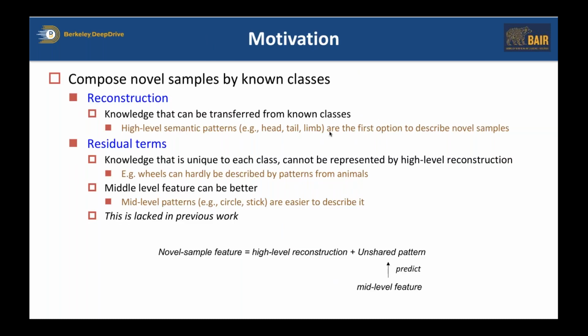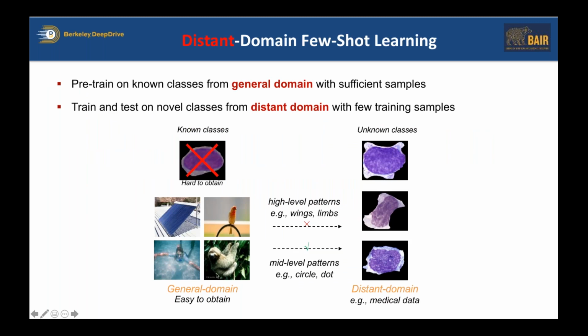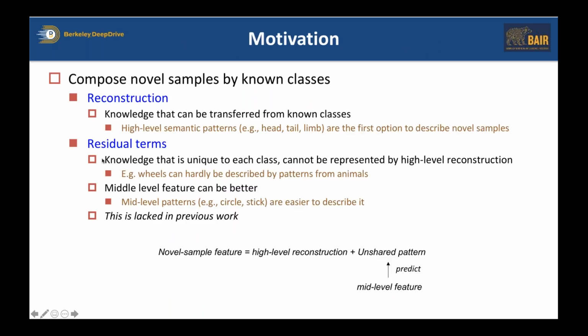However, as I showed here, the target can be very different from the source, so they may not share the high-level patterns and may only share the middle-level patterns. So there will be some residue term between the reconstructed feature and the original feature. So we want to predict this residue term based on the middle-level features.